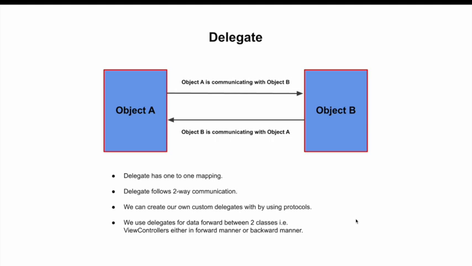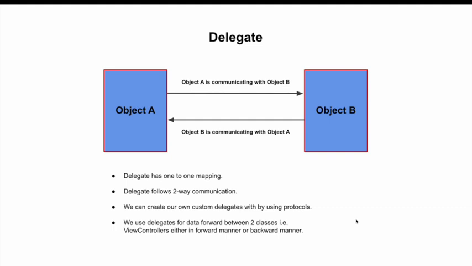So here you can see, for Delegate, we have an object A and an object B. At a time, one object will communicate with the other object, and in response, the other object will communicate back to the first object.